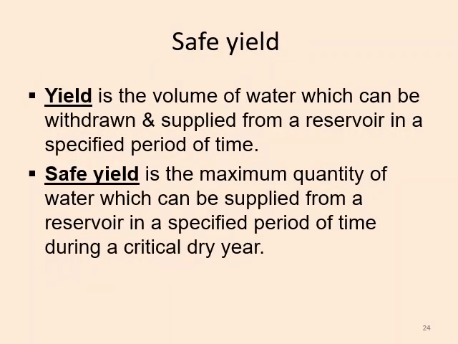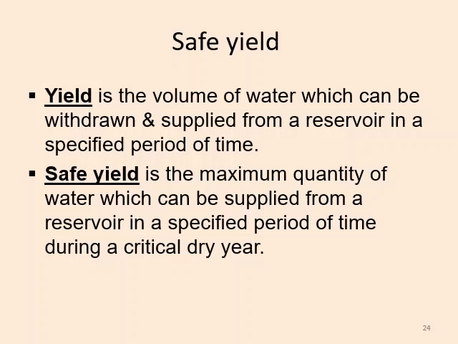Now we are going to the storage capacity of the reservoir. Before going directly to the storage capacity, we should know some terms related to that capacity, like yield. What is yield?